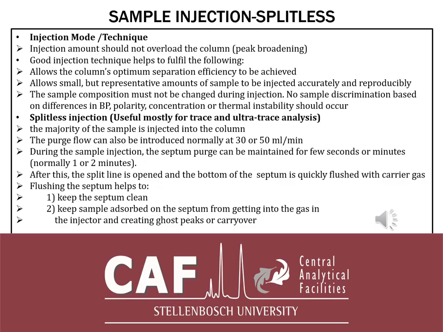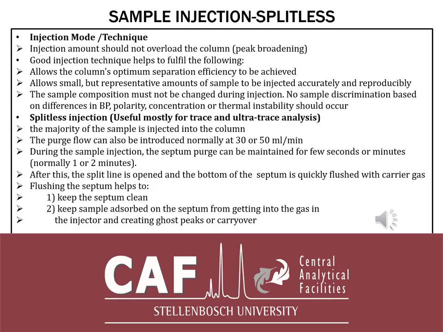Now, as I mentioned, the splitless injection is used mostly for trace and ultra trace analysis, where the majority of the sample is injected into the column. The purge flow can also be introduced, normally at 30 or 50 ml per minute for 1 or 2 minutes, and after this, the split vent line is opened, and the bottom of the septa is quickly flushed with carrier gas.